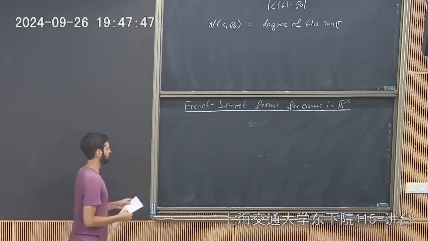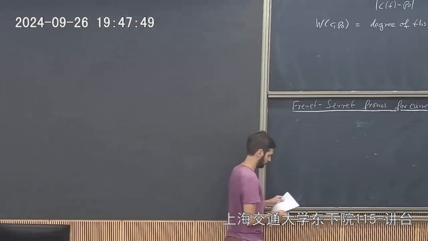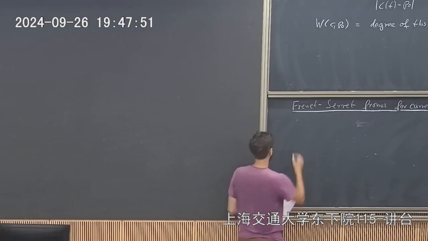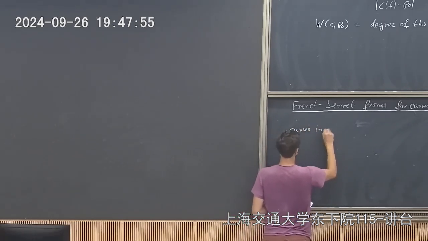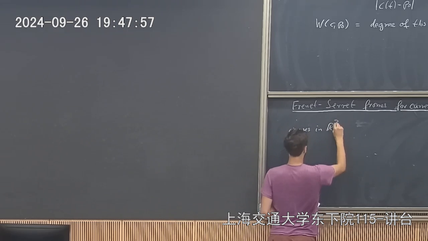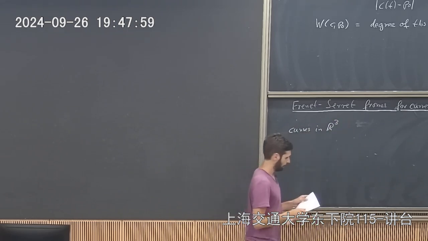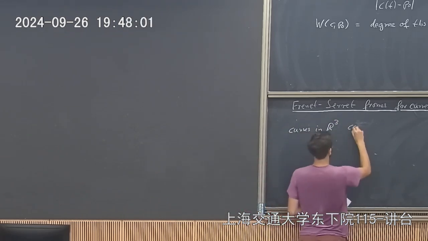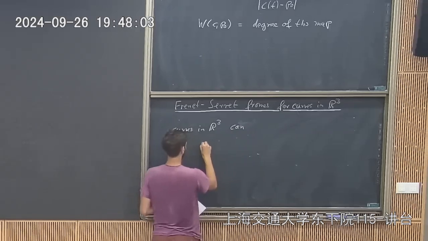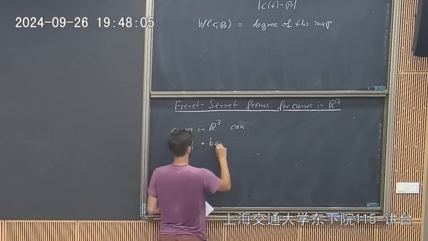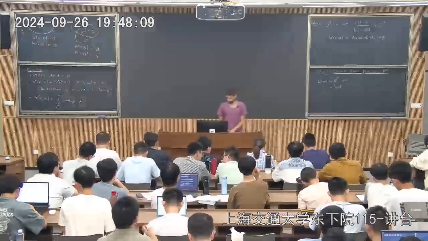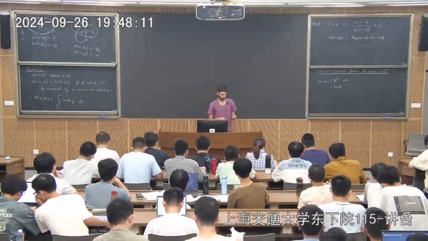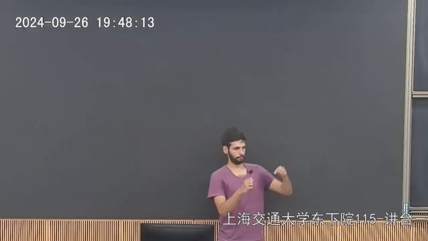Okay, and the first observation is that there are two kinds of things that can happen for curves in 3 dimensions. First, we can as well bend, right? What I mean by bending is something like this.